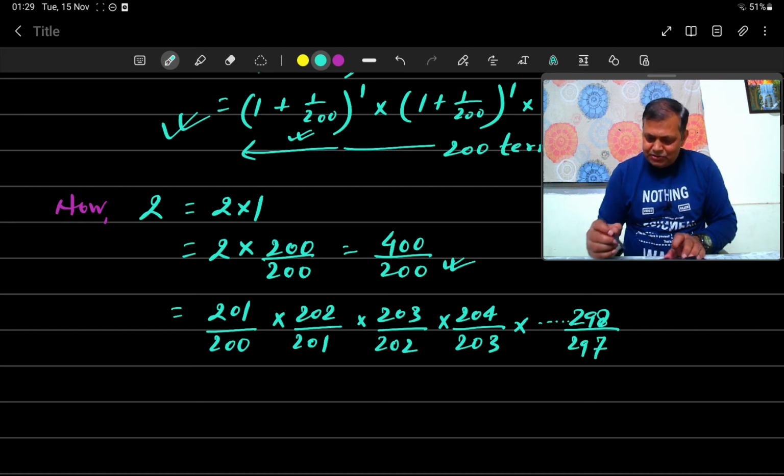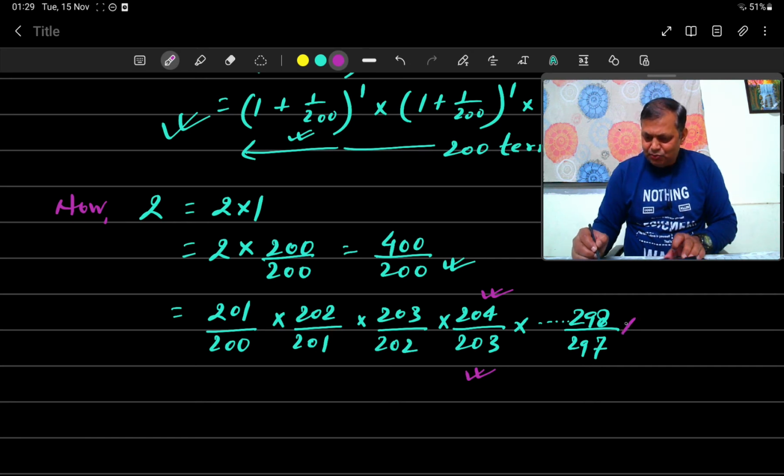Why? Because if in the numerator there is 204, then in the denominator there is 203, that is, 1 less than the numerator. In the same way, 298 in the numerator and 297 in the denominator.